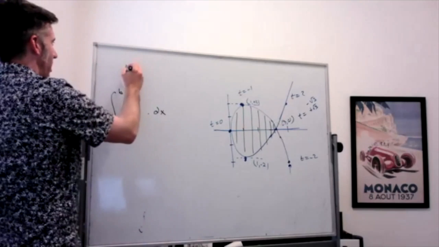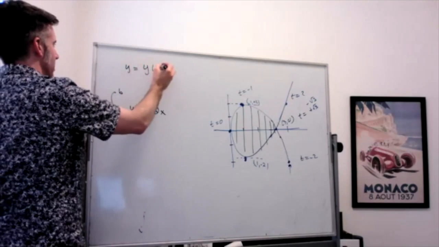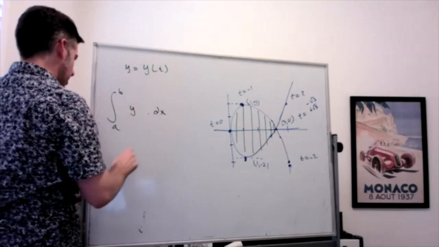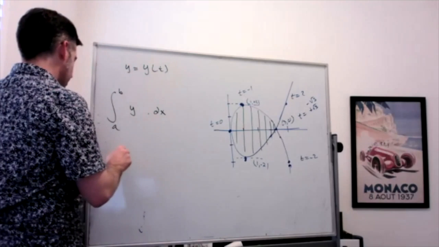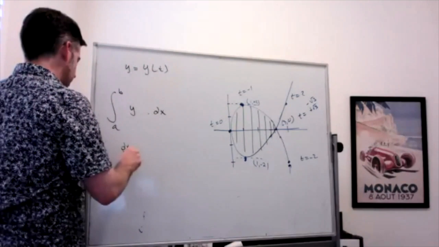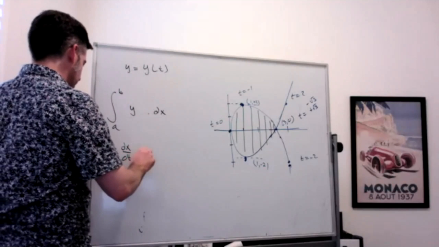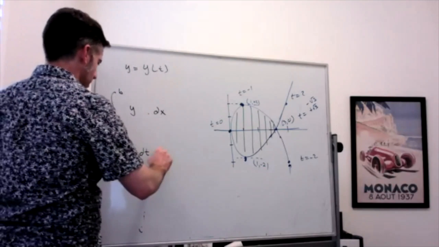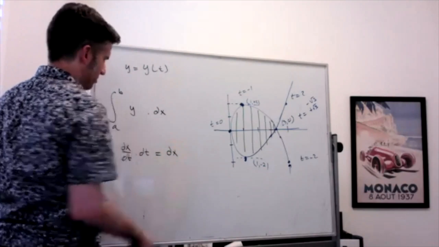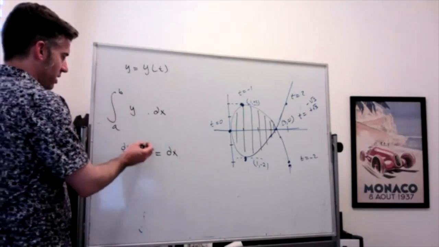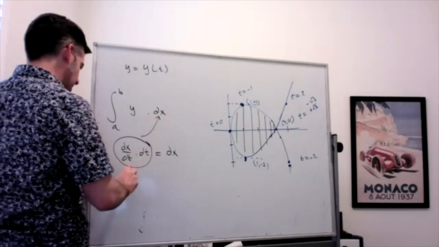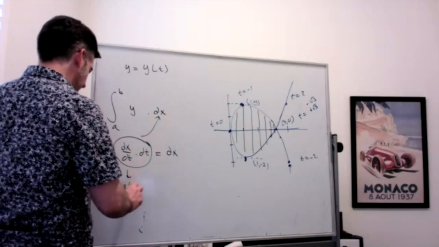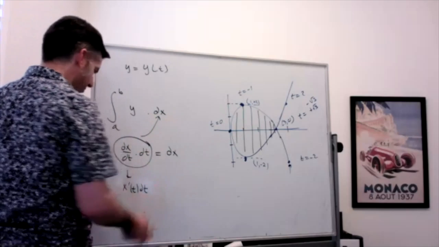We can say that y is in fact y of t. And dx, well, I know that dx/dt times dt is equal to dx.